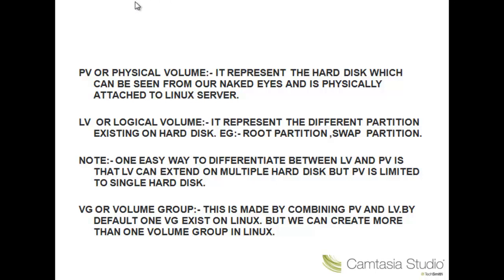One easy way to differentiate is that an LV can extend across multiple hard disks, but a PV is limited to a single hard disk. Ultimately, there is the VG, or volume group. This is made by combining PVs and LVs. By default one VG exists on Linux, but we can create more than one volume group in Linux.